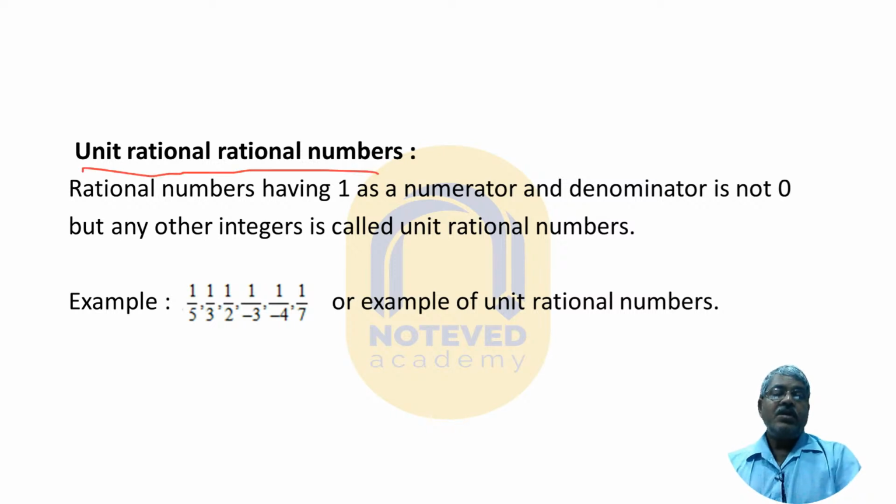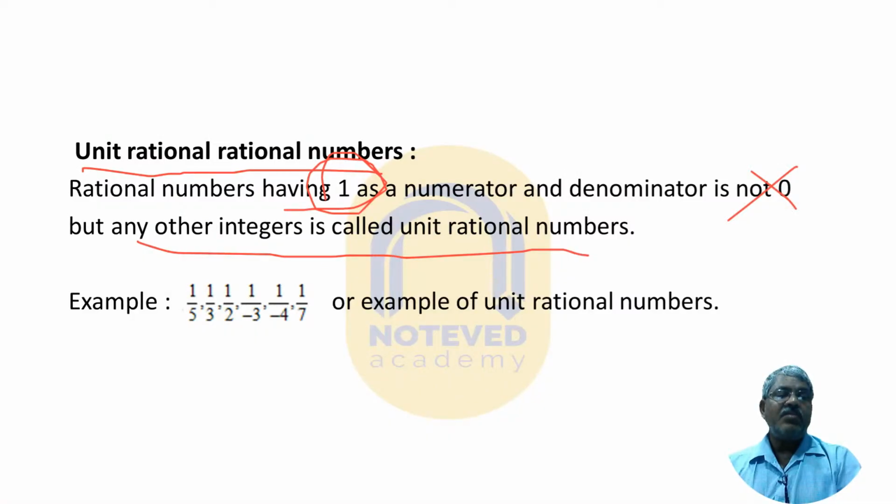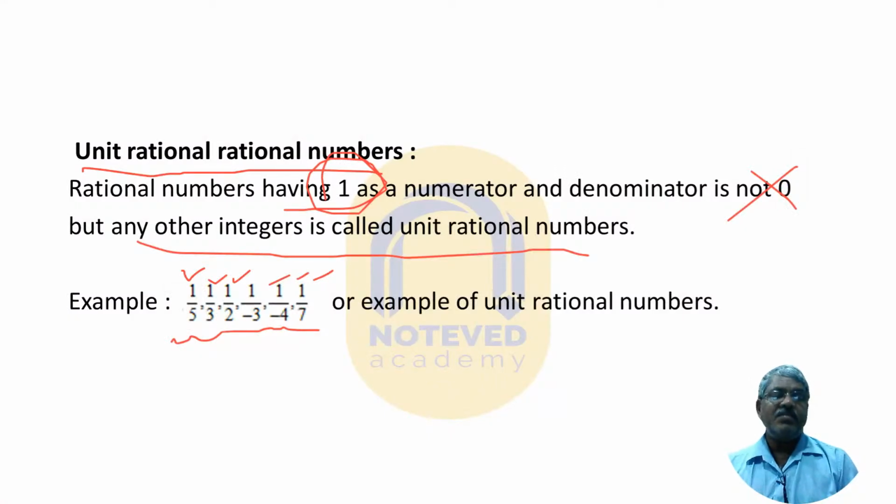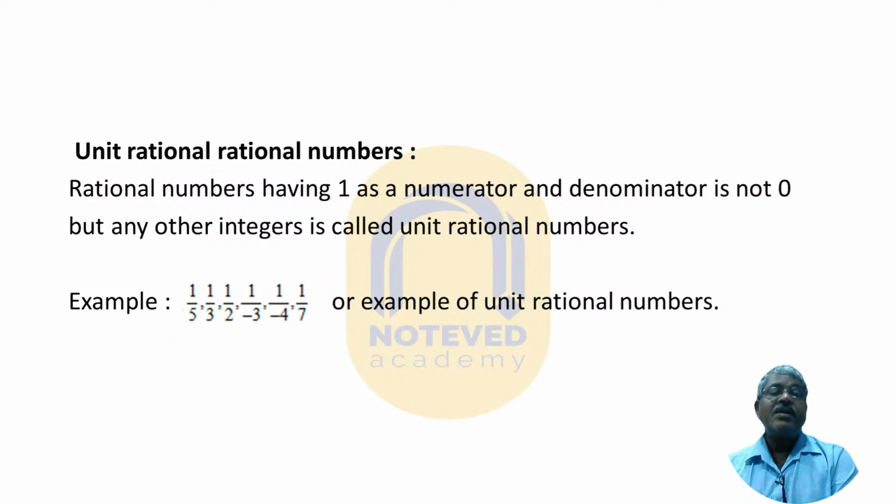The rational numbers having 1 as a numerator and a denominator that is not 0, but any other integer, are called unit rational numbers. Numerator is 1. Denominator is different, 5, 3, whatever you write, but not 0. These are examples of unit rational numbers.